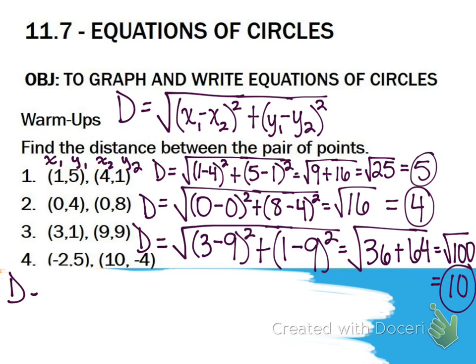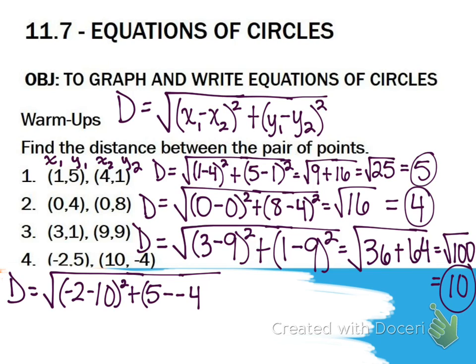All right, number 4, distance equals square root of, give me an x, -2 minus the other x, squared, plus, give me the y that I need, 5, minus the other y, careful, -4. So we're subtracting a -4. That really means we are adding it. So when there are negatives, we've got to be careful with the signs.